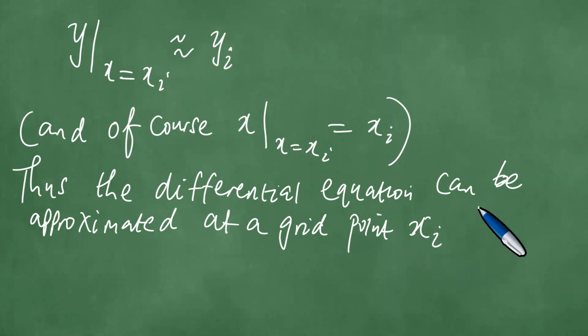We want to approximate the differential equation given in this question at a grid point x sub i by the difference equation.